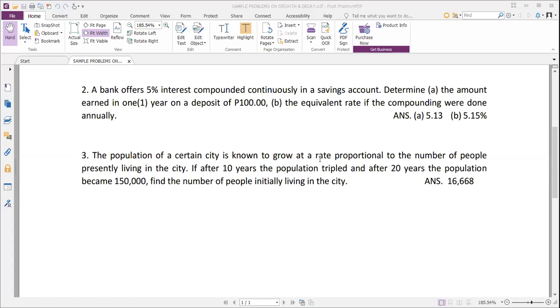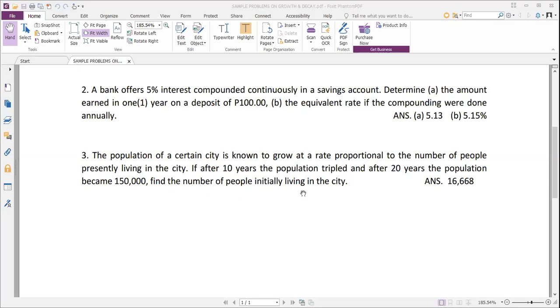Again, this particular phrase tells you that you are allowed to use the principle of growth. Now, in this city, if after 10 years the population tripled, and after 20 years the population became 150,000, find the number of people initially living in the city.